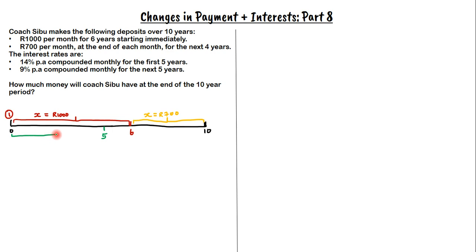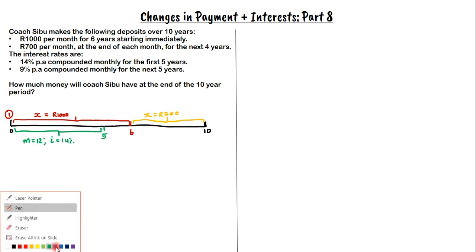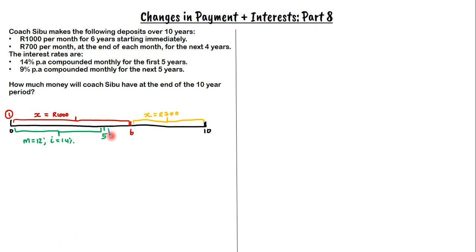Between here and there, the interest was 14%, and the compounding M was 12 because it was happening monthly, right? And then for the last 5 years, it changed into 9%. So M was still 12, but the interest became 9%.